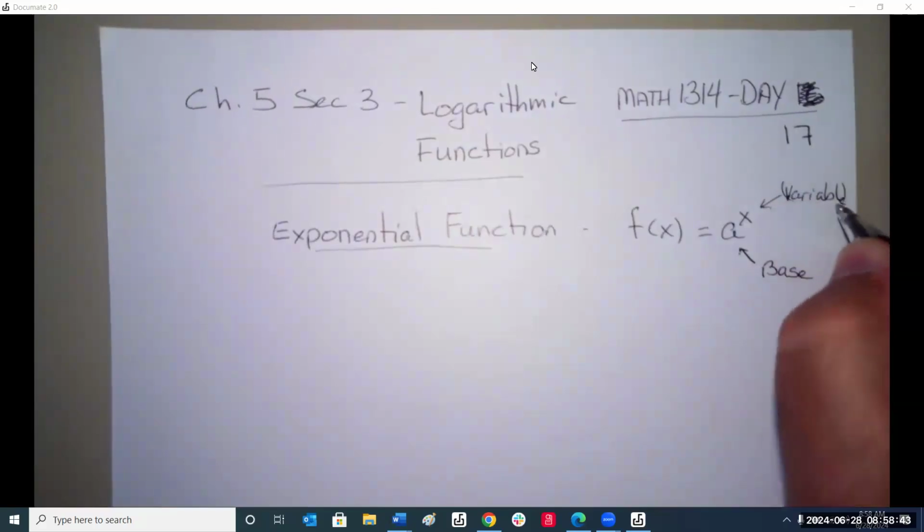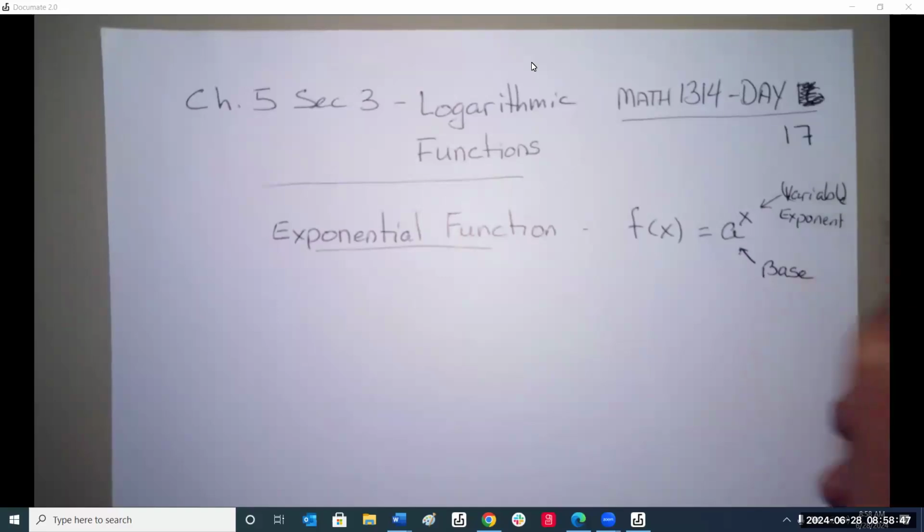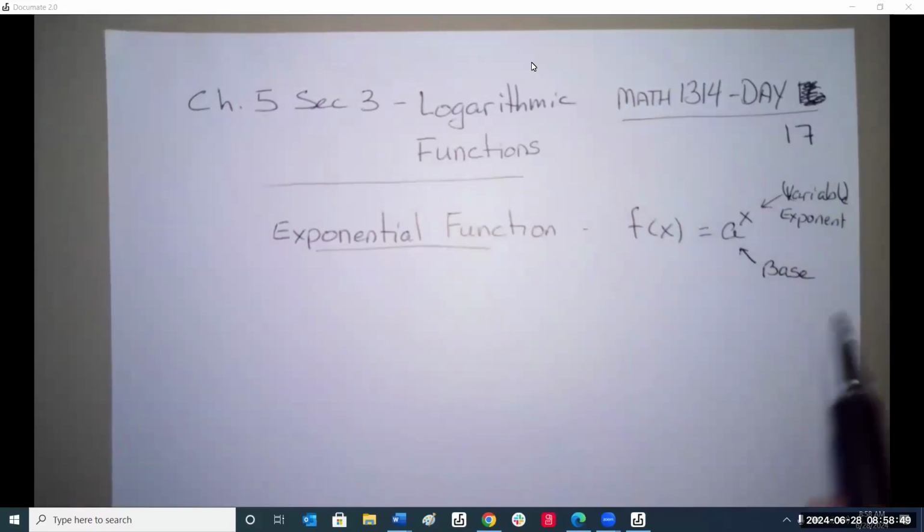It's variable, it's an exponent. That's why it's called an exponential function.